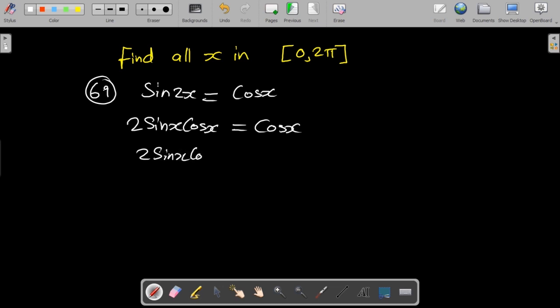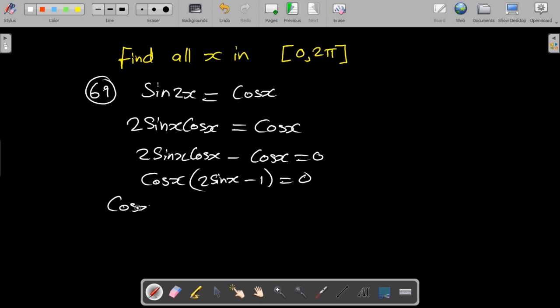If you move it to the left, you can now factor out a common factor, which is cosine in this case. The highest common factor is cosine. That would leave you with 2 sine here, then just 1 here. Now you can solve. The solution would be cosine x equals 0, or 2 sine x minus 1 equals 0.